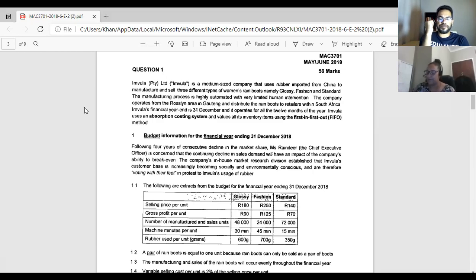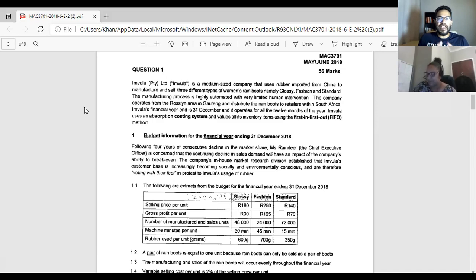Now remember, the cost of a product is made up of 3 things: direct material, direct labor, and manufacturing overheads. Whenever they ask you to calculate the cost of a product, you must know it is made up of these 3 things. Manufacturing overheads are made up of fixed and variable.